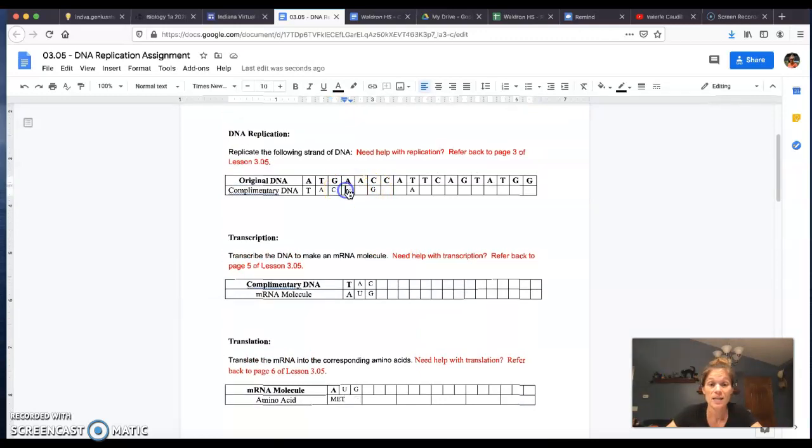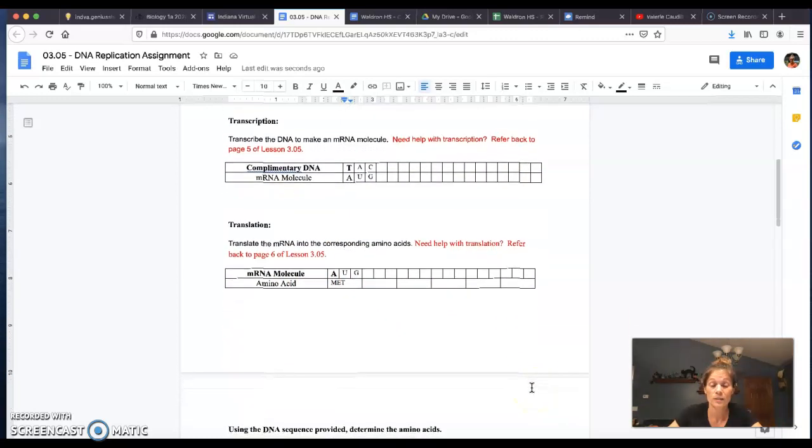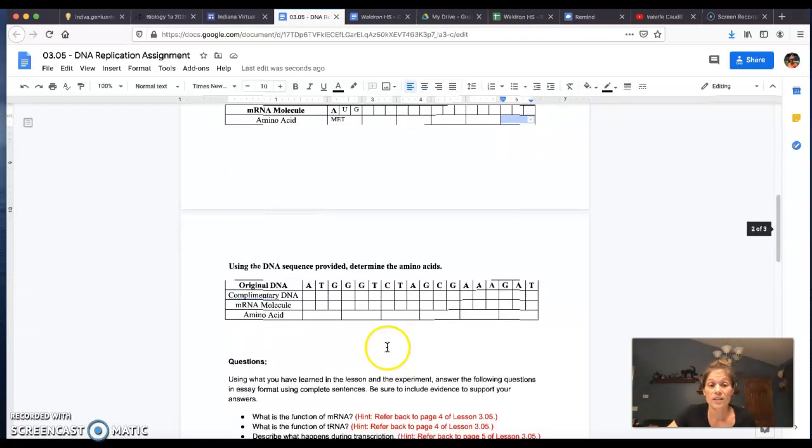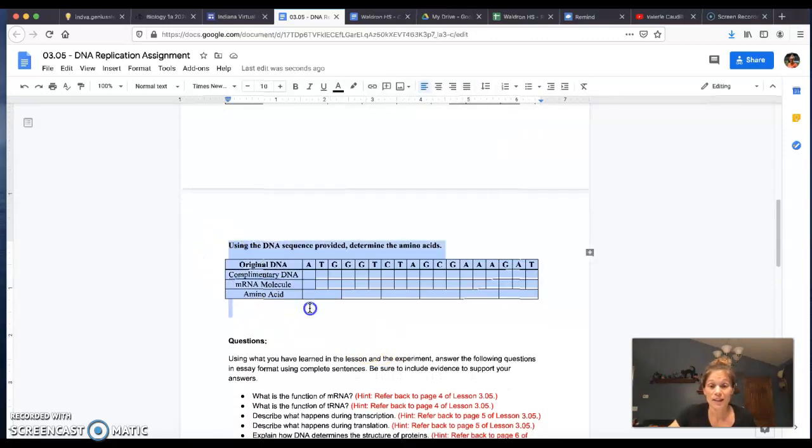Now what you're going to do is go back to the beginning and continue your DNA replication. Once you have your entire DNA replicated, make sure you bring it down here as well. Then go through transcription and complete the next row. Copy that mRNA molecule down to the third section, translation, and then use the chart to look up the following amino acids. Once you have all that done, you're going to do it all again here.